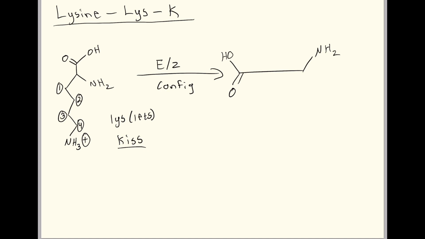Okay, now we're going to do the 4, and then your last one's going to be your NH3 plus. All right, guys, that's how you draw lysine. Number your carbons so you remember how to draw the lysine amino acid structure. And that's how that's drawn.